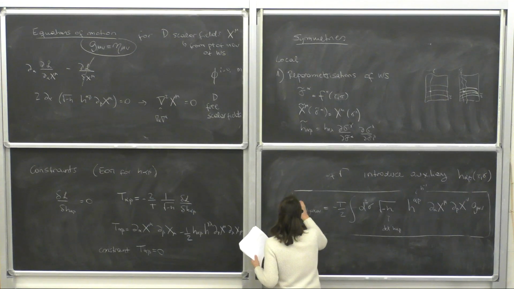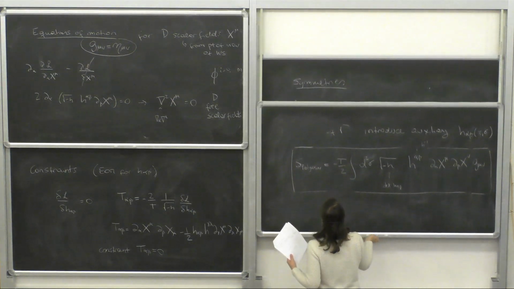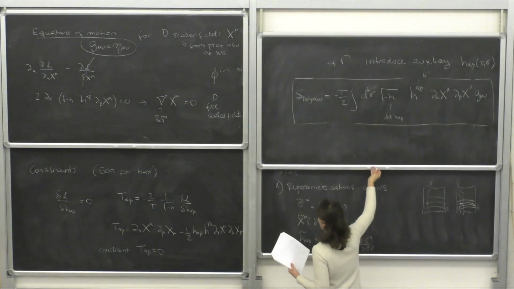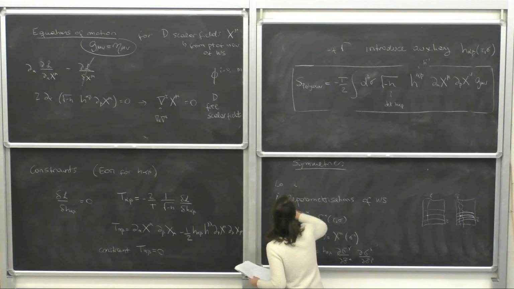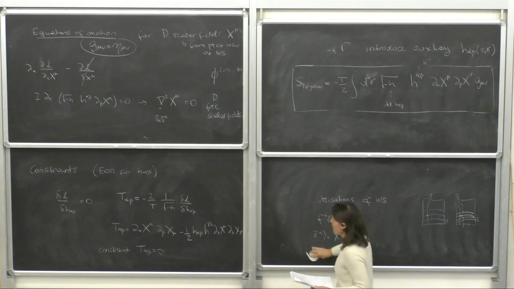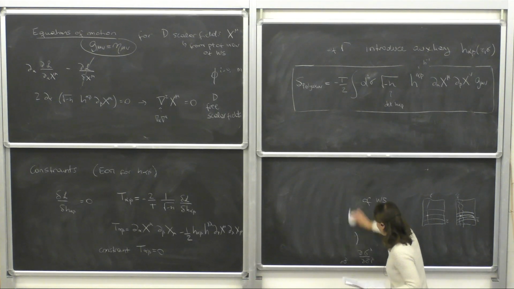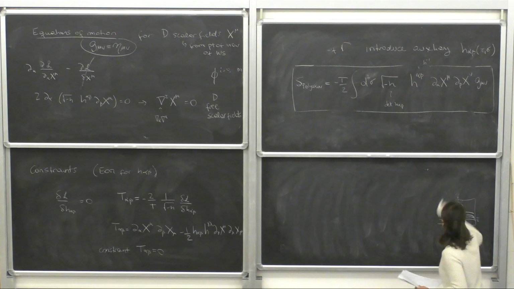Let me leave this Polyakov action. Now let's see what these scalar fields look like.